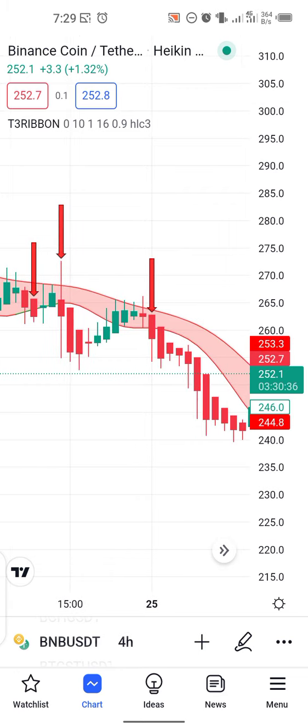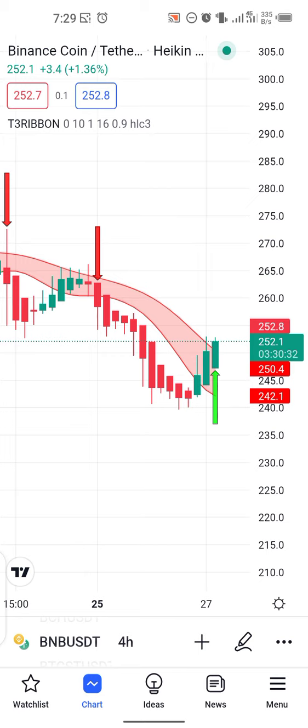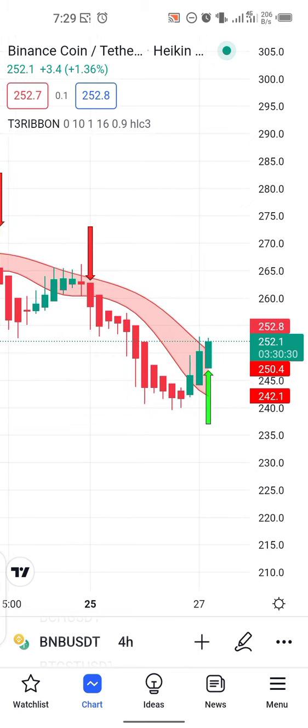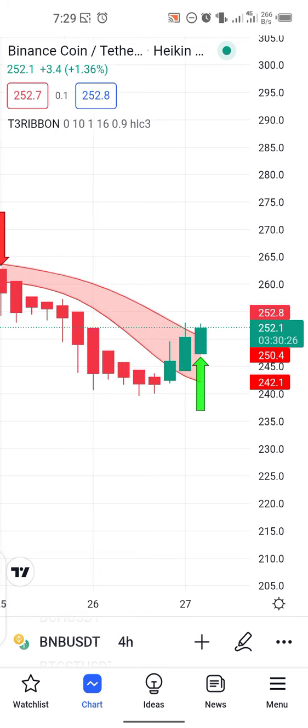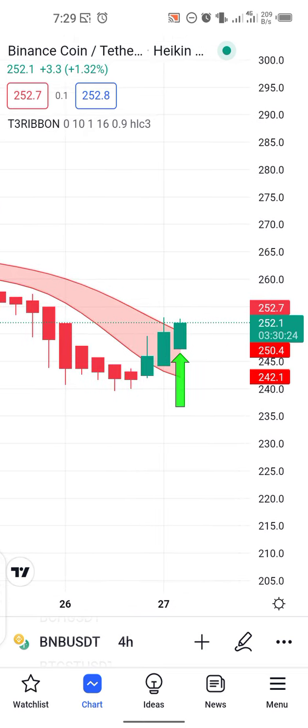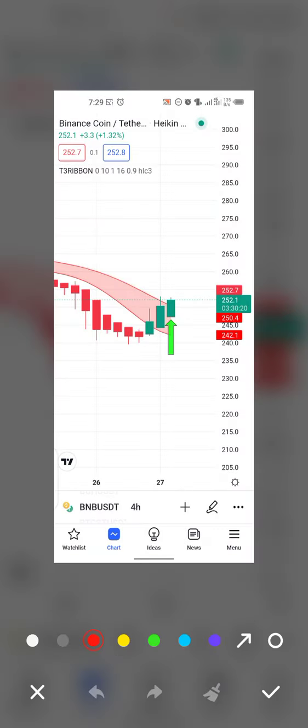So the indicator is telling us entry and exit areas. Remember, we said that when we are using the Heikin Ashi candles to determine our entry in the market yesterday, let me repeat again, if you come on the candle and there is a candle like this one that has a wick on top and a wick on bottom, and after it there is a flat candle, it means enter from here.